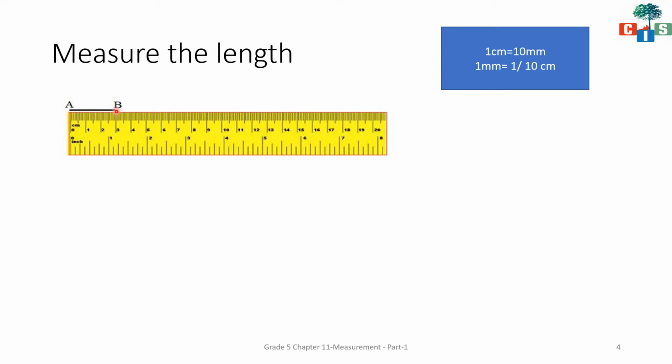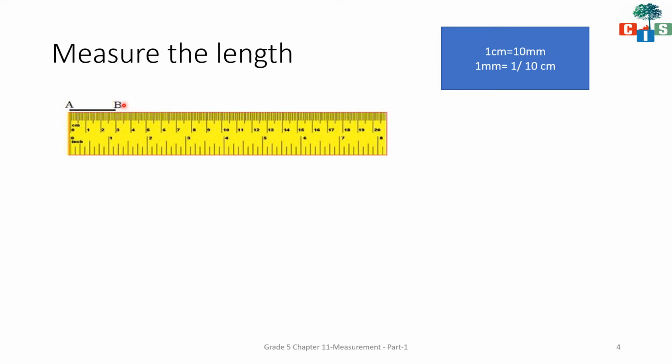We'll see that. First of all, you will place the ruler on a table. Then you will place the starting point of line segment, that is A, at point 0 of the ruler. So see, here I have put A at 0. Now we'll come to the end point of line segment, that is B, and we'll see where it lies on the ruler.